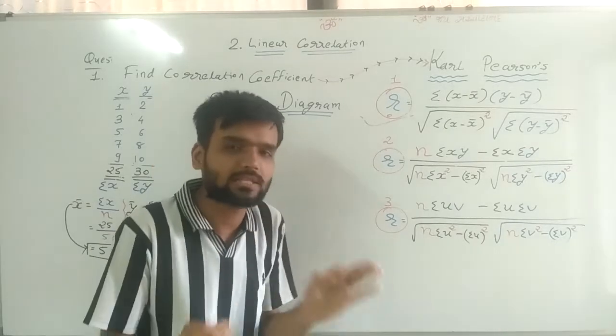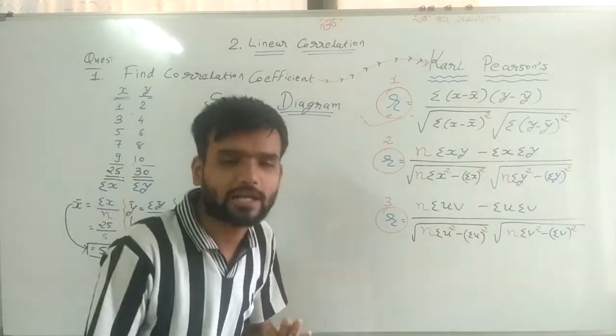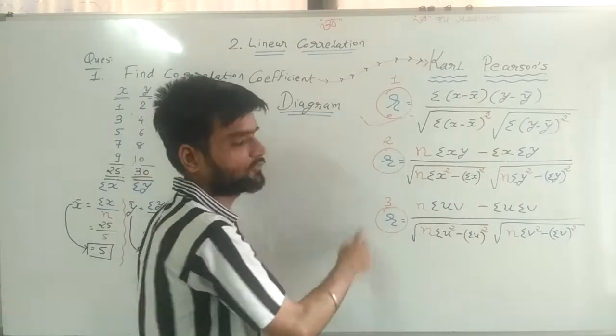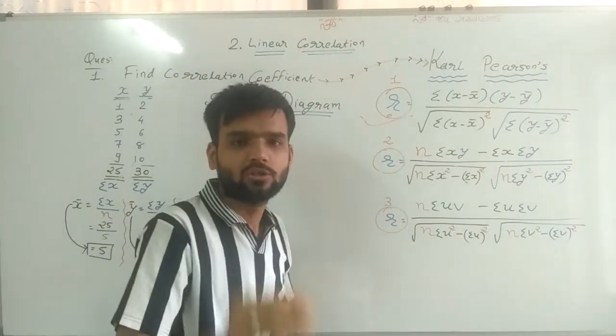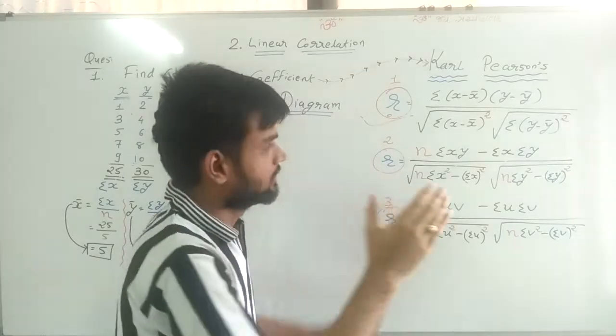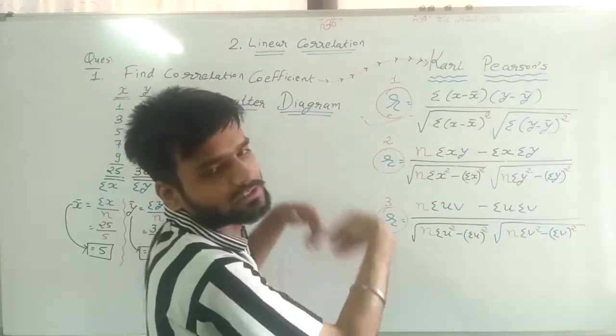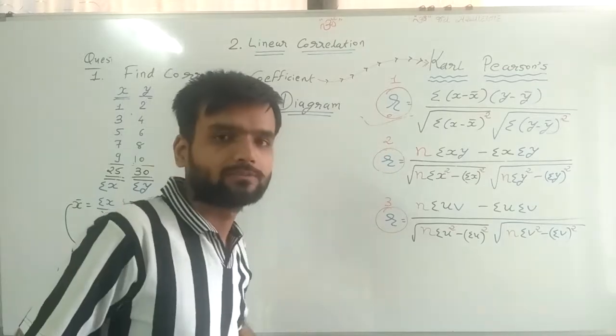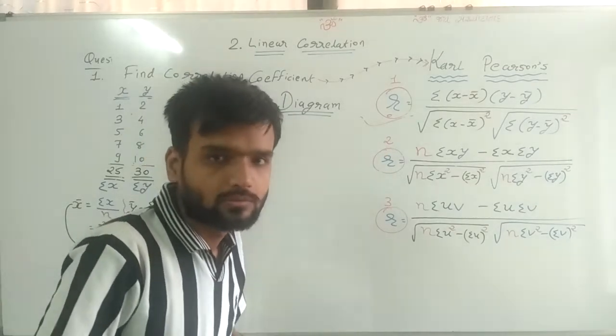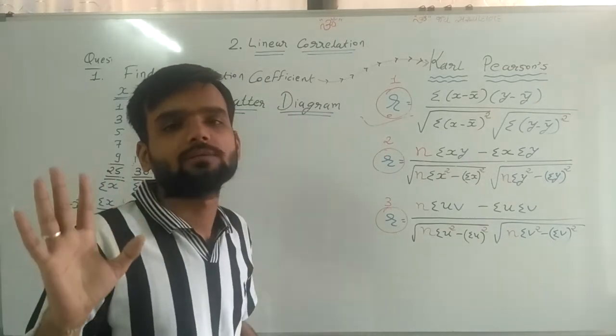From today's lecture I am not explaining these 3 formulas. They are given only so that you remember these formulas are used. That's why I have written them here, but I am not telling you about them.